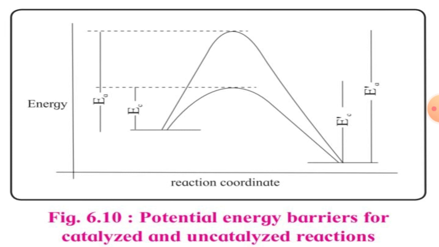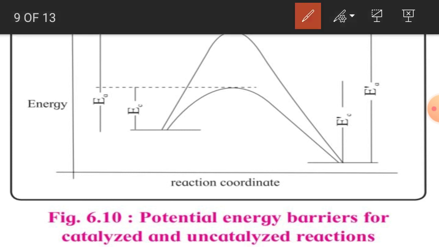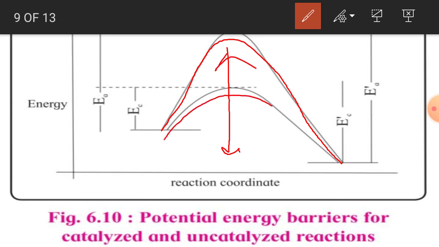Your first hump, this one, is the graph for the uncatalyzed reaction. This is the activation energy for the uncatalyzed reaction. While this one is the catalyzed reaction, this is the activation energy for the catalyzed reaction.